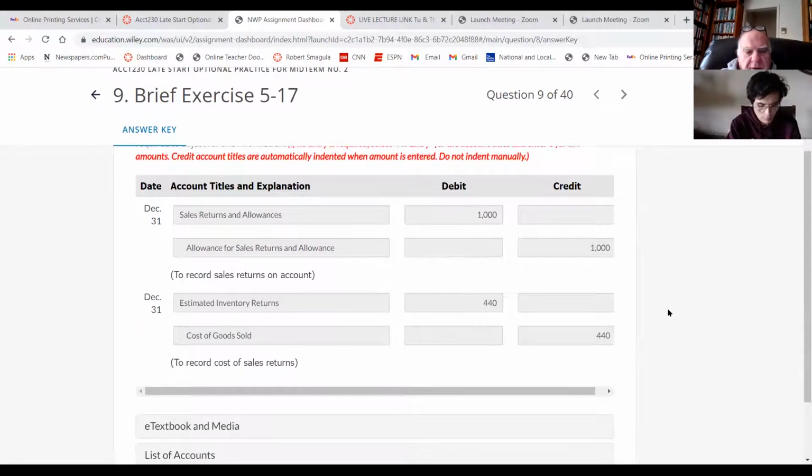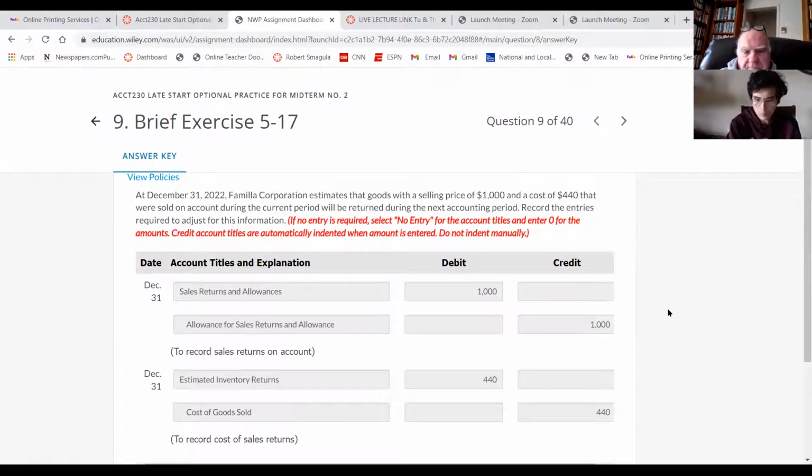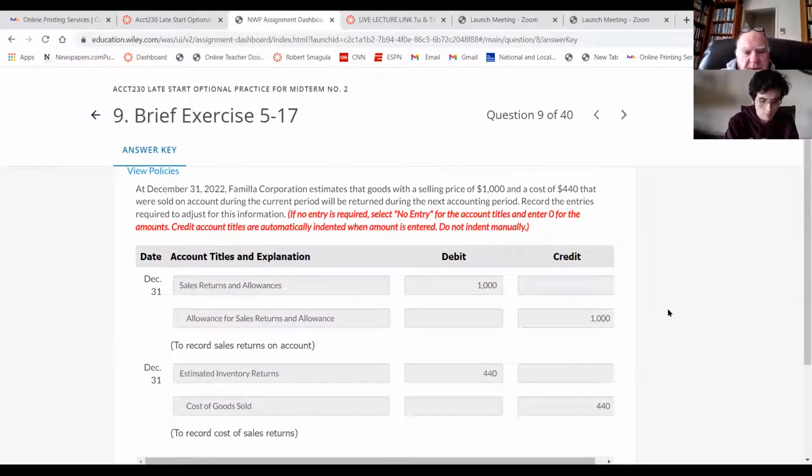Okay, here we go. We're getting involved with the bad debts expense. Oh, I'm sorry, the returns. This here is on the allowance for the returns. This is when a company has to estimate the amount of returns. There's a selling price of $1,000.